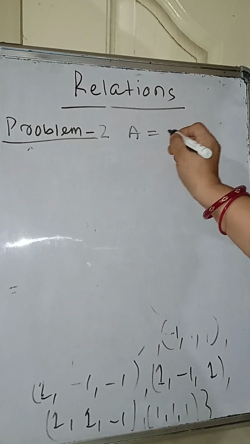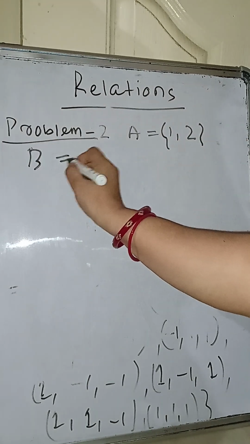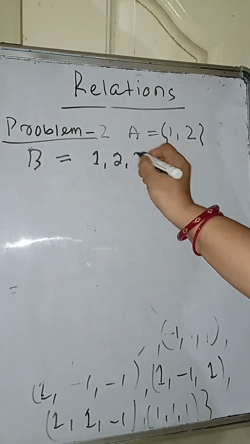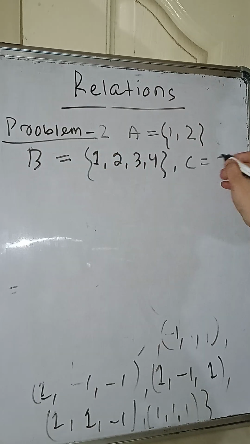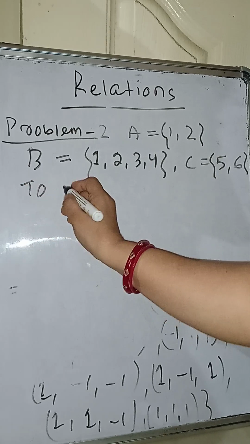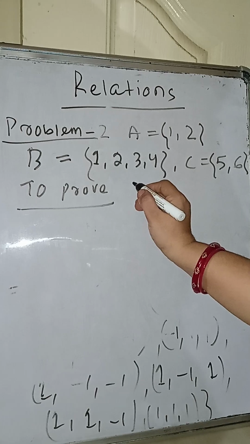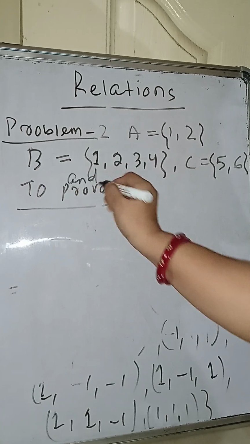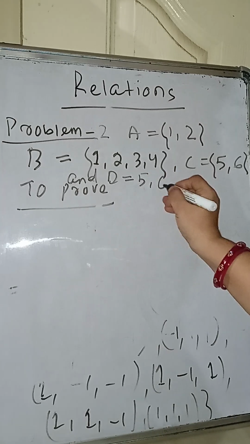Set A contains elements 1, 2, set B contains elements 1, 2, 3, 4, set C contains elements 5, 6. Sorry, another set D is also given. I forgot to write it, so now writing set D. Its elements are 5, 6, 7, 8.